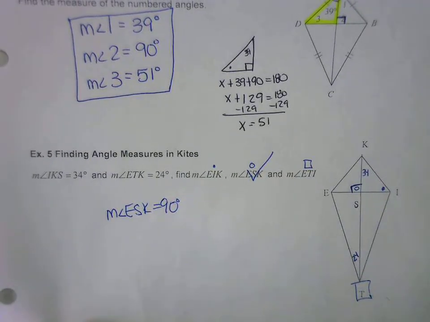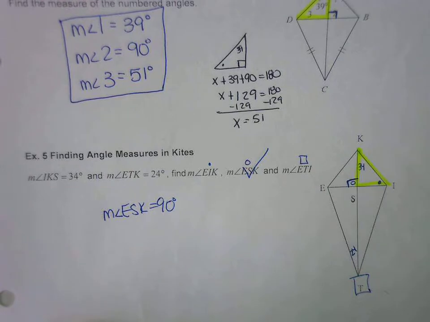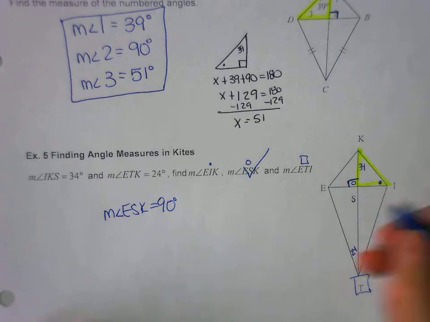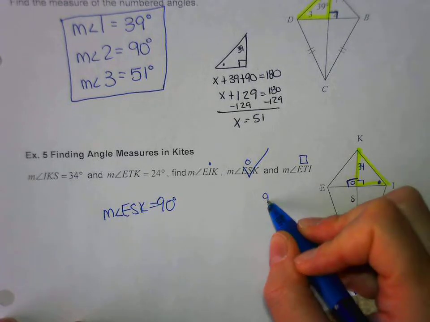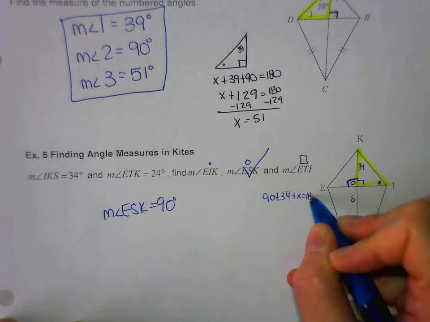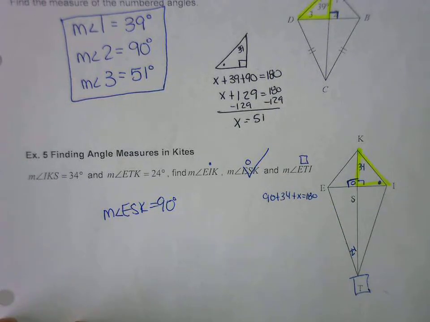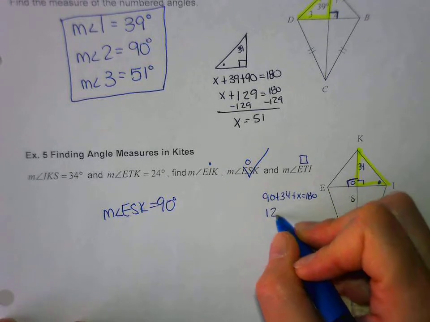So once again, we are dealing with our triangle. I have a 90-degree angle, so 90 plus 34, plus my missing angle has to add up to be 180. 90 plus 34 is 124.